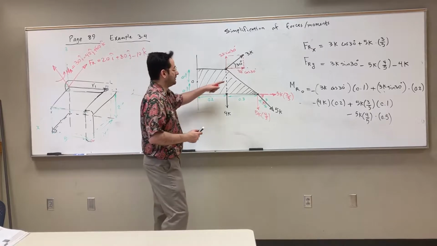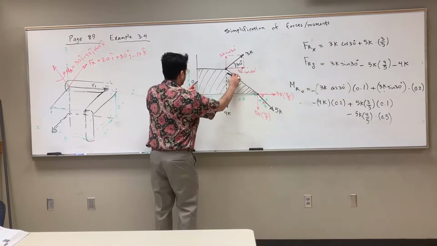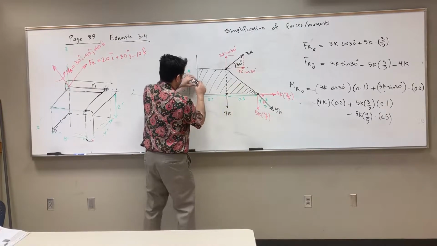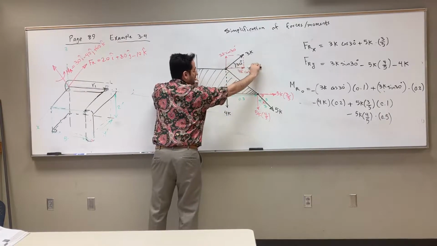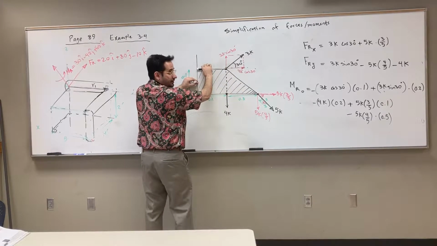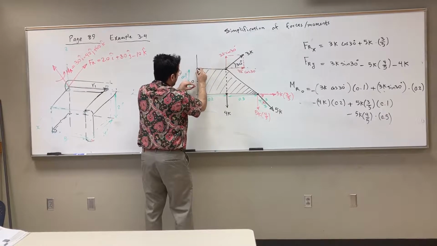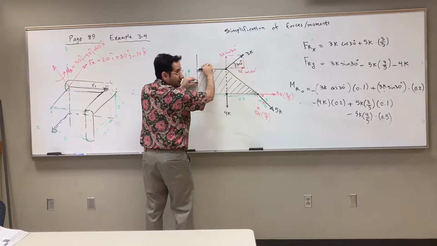Let's start with this one. Where should I move it? This is my reference point. Back, all the way up to here. At this point it becomes perpendicular with respect to this axis. So what's the moment arm?